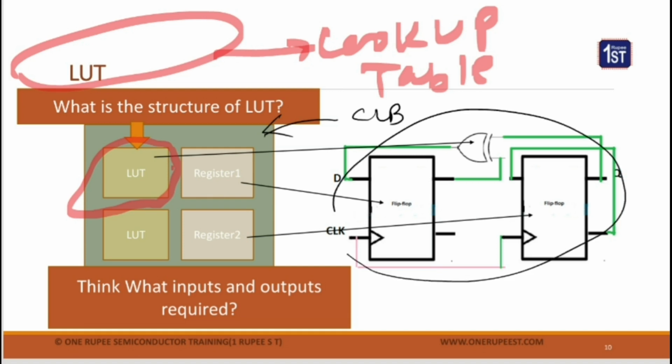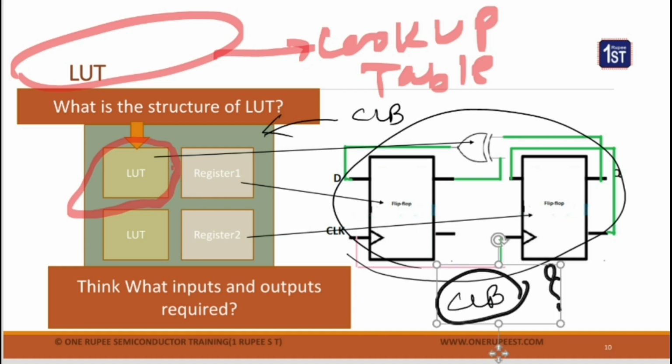How will this logic fit on a single CLB? Is it possible to fit this logic on a single CLB? And what are the different inputs and outputs? Here we have clock as an input, and for example this Q as output. So this is my input, this is my output.